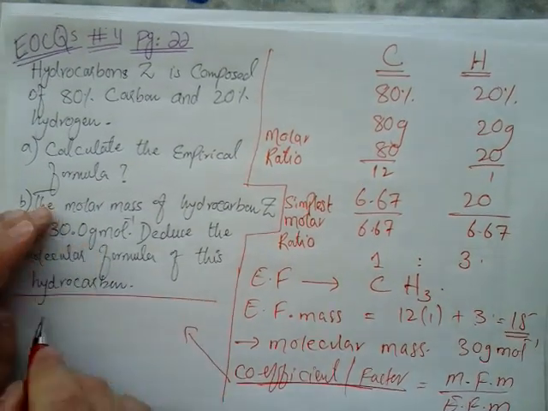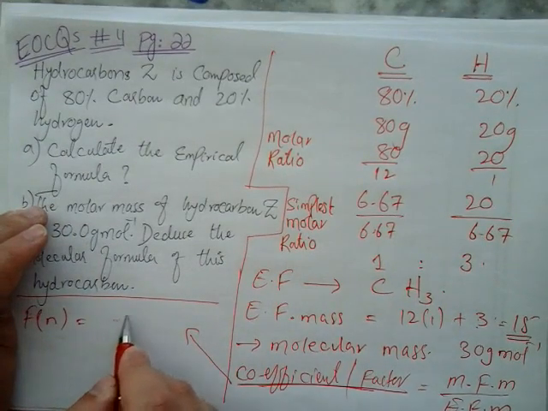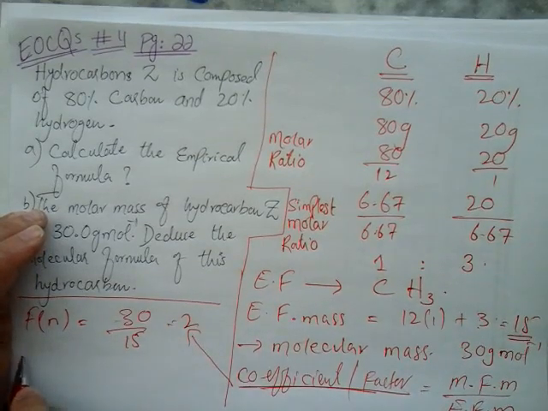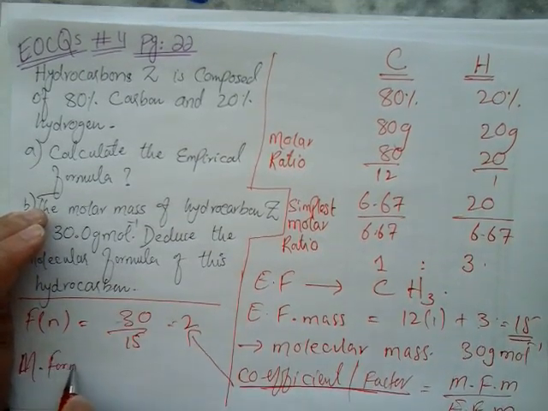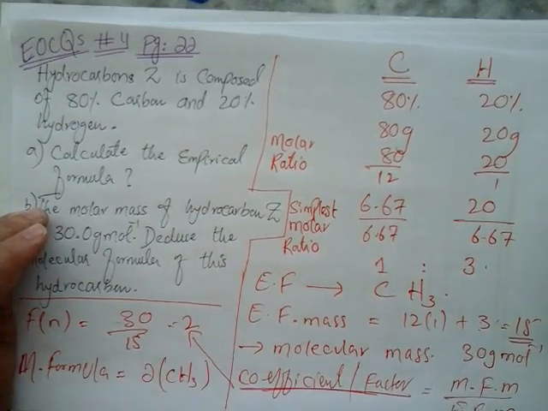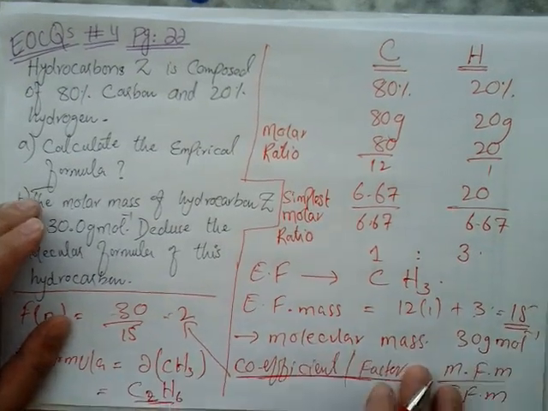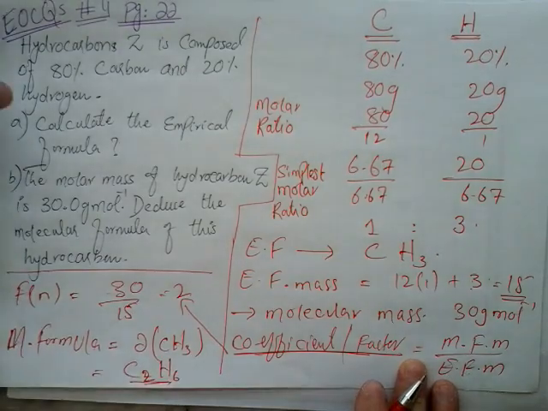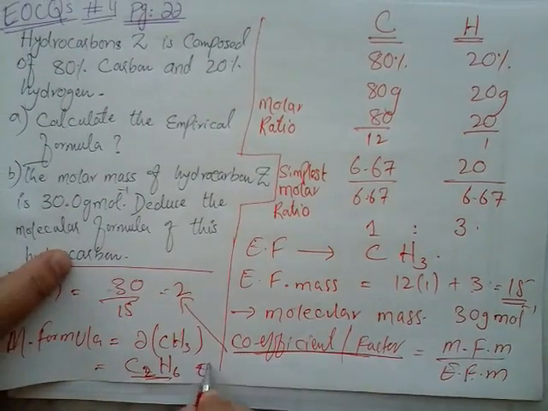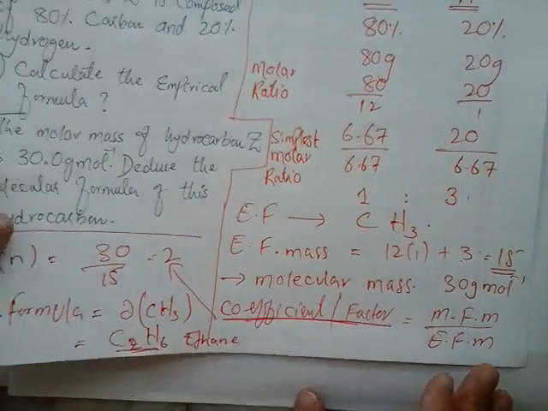It comes out to be 30 divided by 15 is equal to 2. So our molecular formula would be 2 into CH3, that is C2H6. This is the ethane molecule, C2H6, CnH2n+2, ethane.